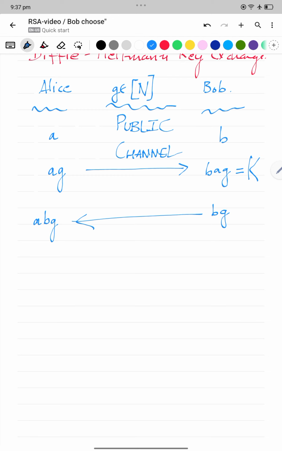Now note that BAG is the same as ABG. You can imagine this with G equal to, let's say, 5, B equal to 3, and A equal to, let's say, 4.